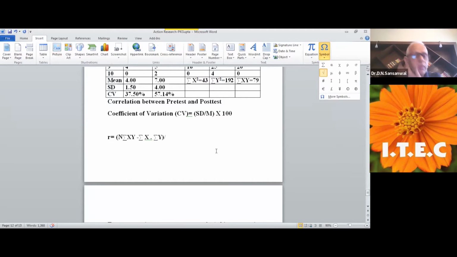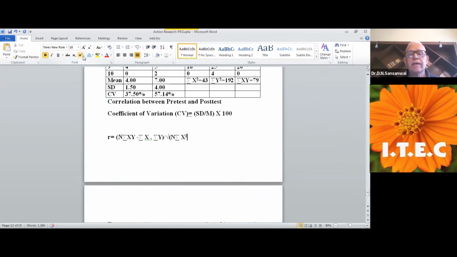In the square root is n, then sigma x square, and then minus sigma x whole square.